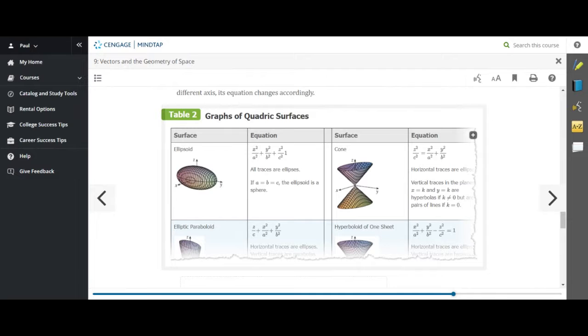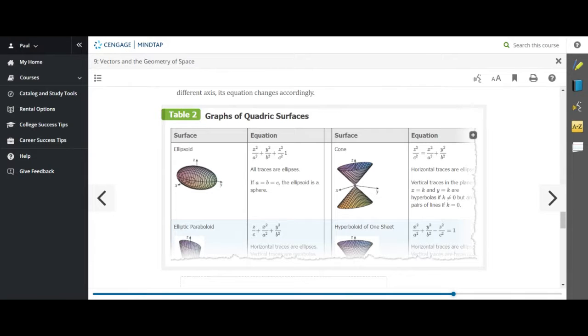And we already talked about the ellipsoid. In Table 2 in Section 9.6, there are about six fairly common surfaces, and at least three of them we're going to encounter fairly frequently.